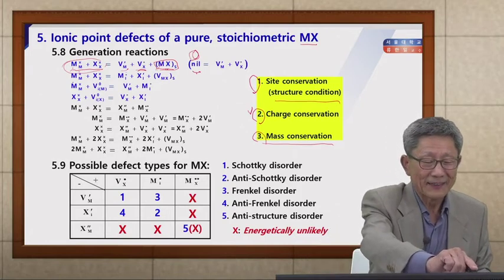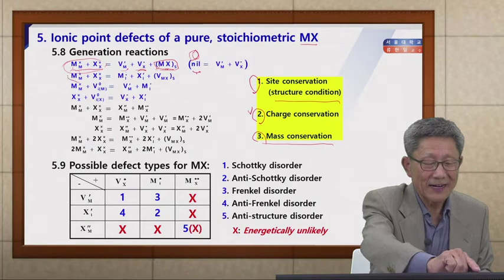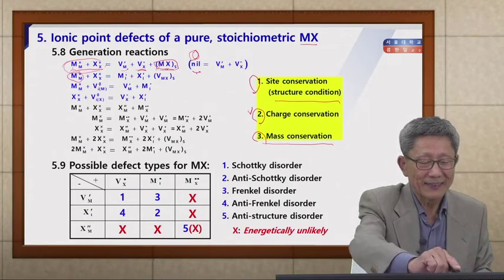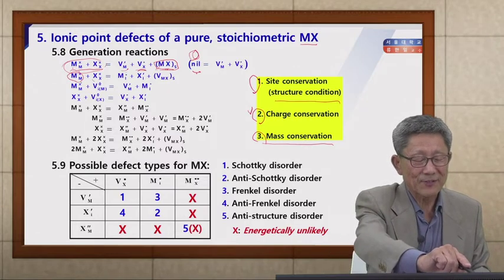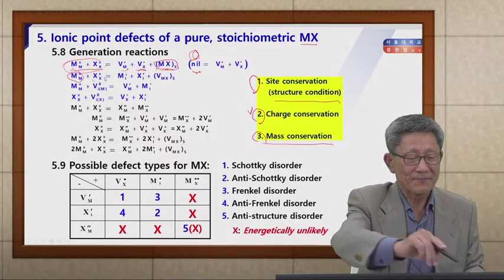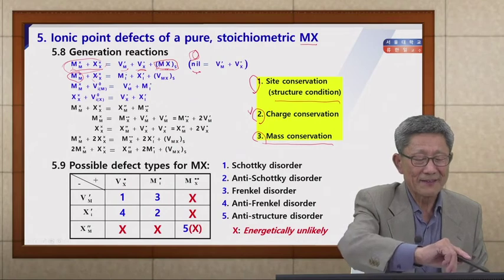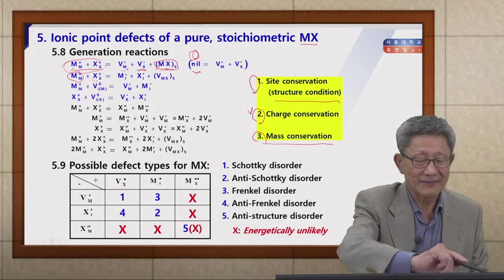What about this pair? Here is the normal cation and normal X ion. That's why they have the effective charge of 0. This is a regular, ideal crystal.